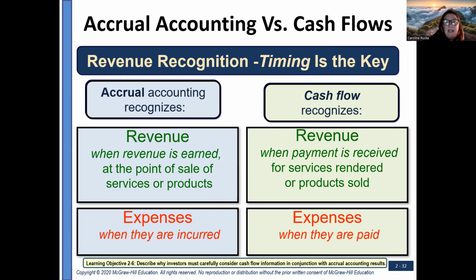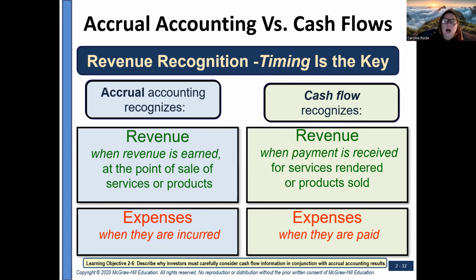Whereas with accrual accounting, we recognize the revenue when it's earned. So if someone prepays us and we haven't performed the service or given them the product yet, that's a liability in accrual accounting. But in cash basis accounting, we record that revenue as soon as we get that cash in our hands.